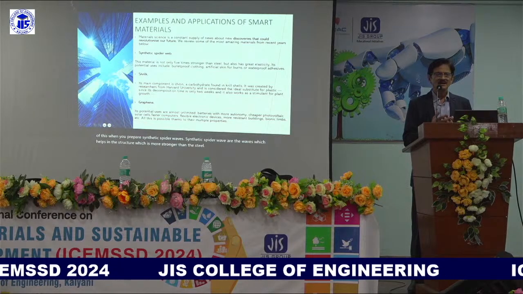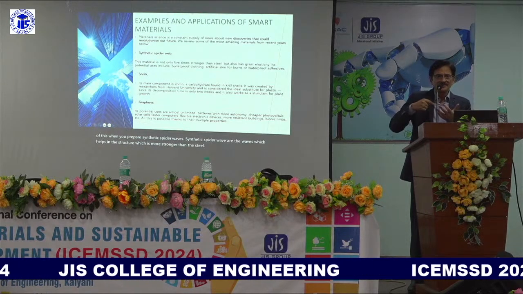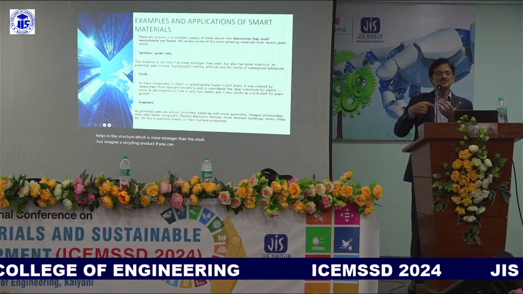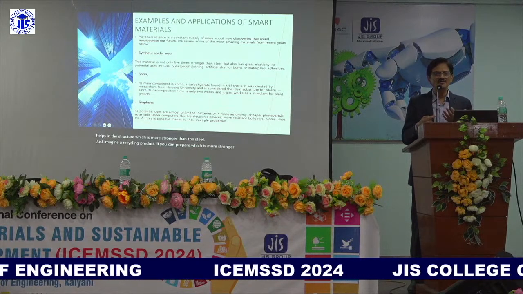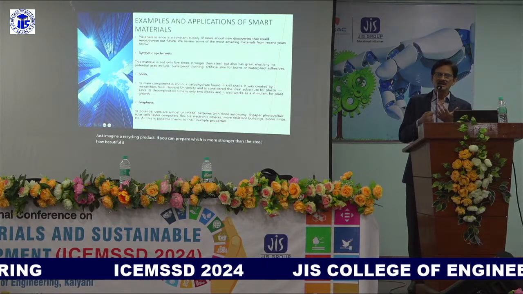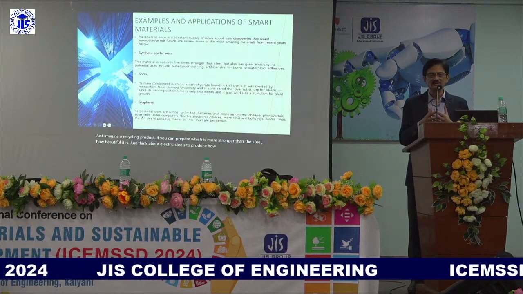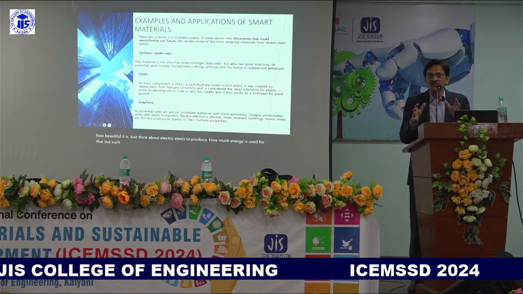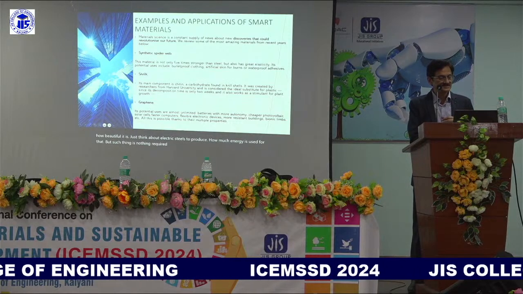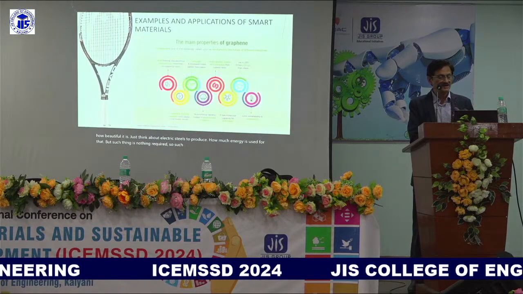Just imagine a recycling product, if you can prepare it, which is stronger than steel, how beautiful it is. Just think about how much energy is used to produce steel. For such a thing, this is not required. So such applications, graphene is an example of this.